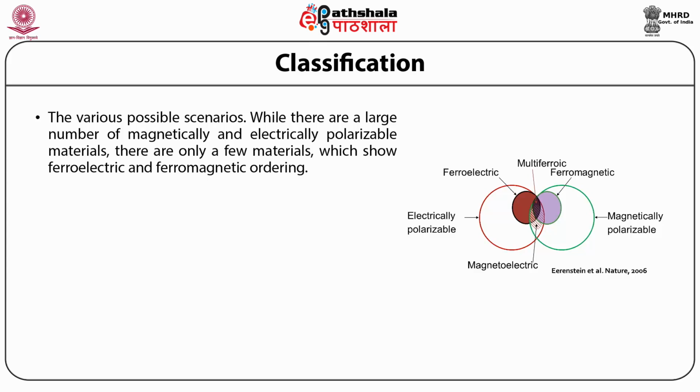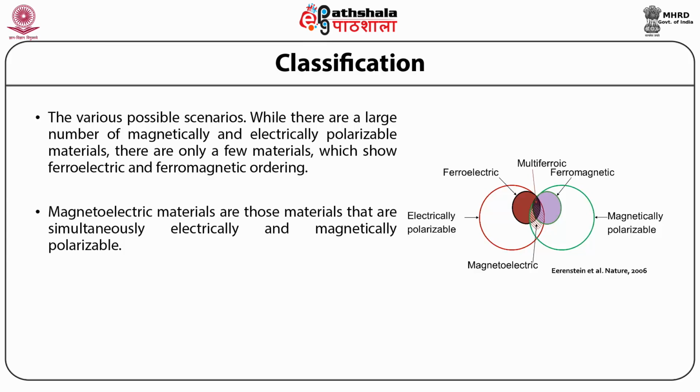While there are a large number of magnetically and electrically polarizable materials, there are only a few materials which show ferroelectric and ferromagnetic ordering.